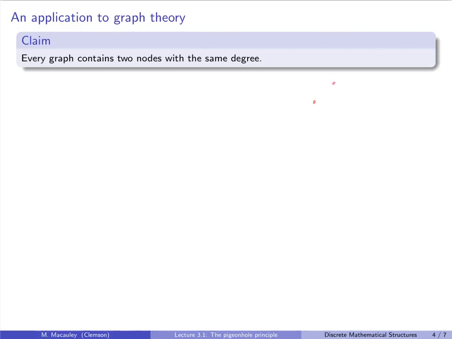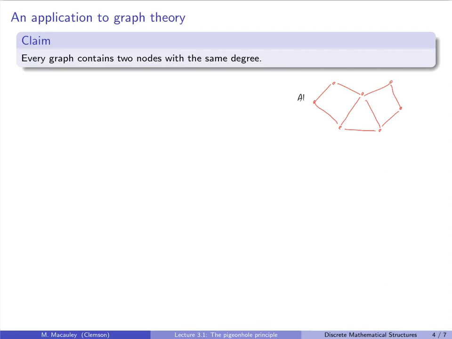So this is just a bunch of vertices or dots, or we usually call them nodes or vertices, and we connect 2 vertices. If the nodes represent people, the connections might represent friends. So this is an example of a graph.